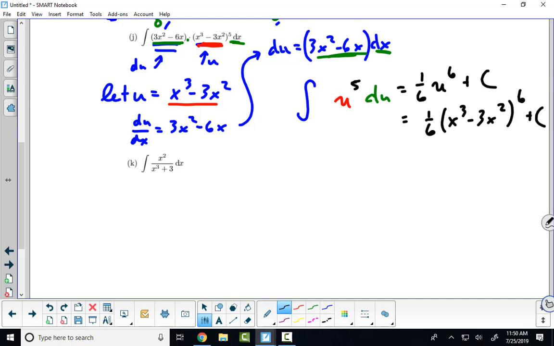All right, what I'd like everyone to do is check my answer. I'm claiming that when I take the derivative of this, I should get this. Check my answer.